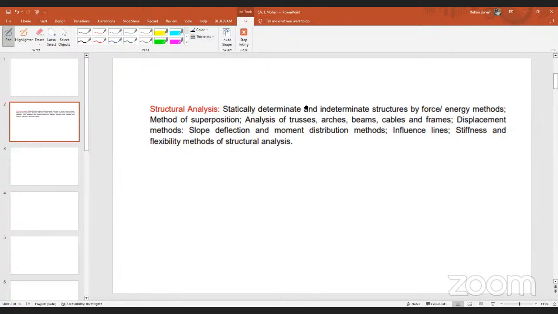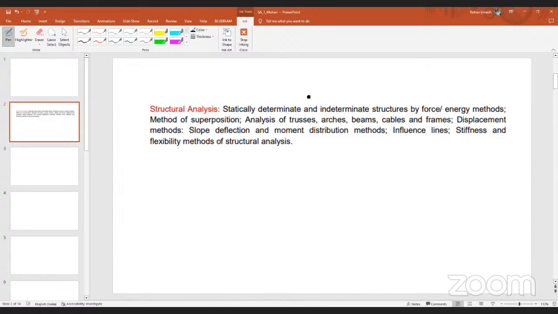It looks like only 3 or 4 lines, but in these 4 lines they have completely incorporated everything that we have learned in our regular courses: SA1, SA2, or for somebody, indeterminate structural analysis and so on.